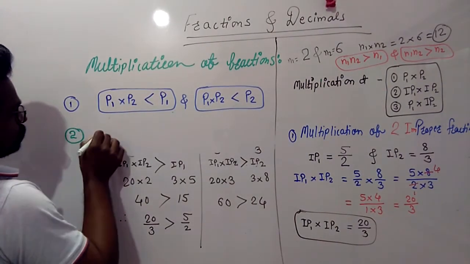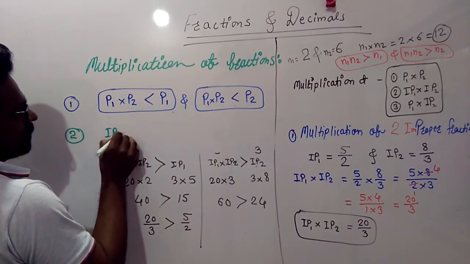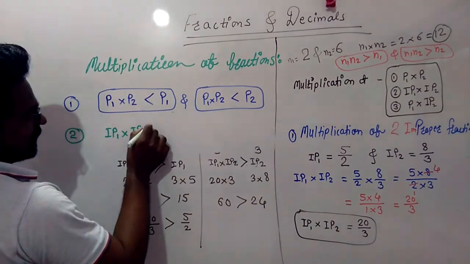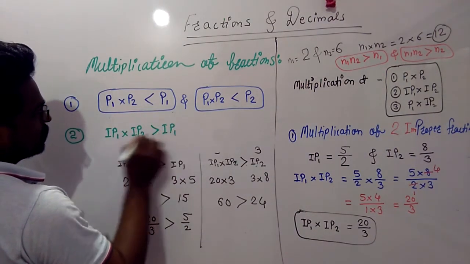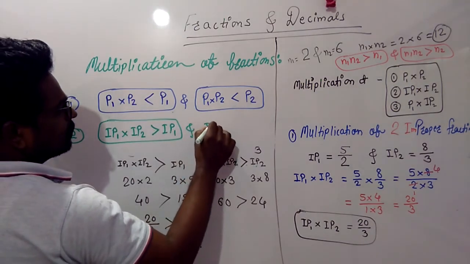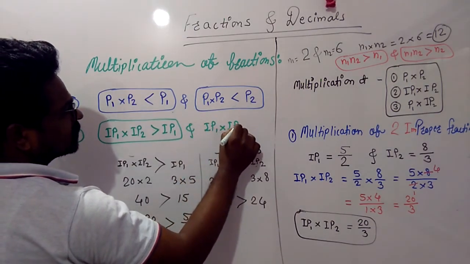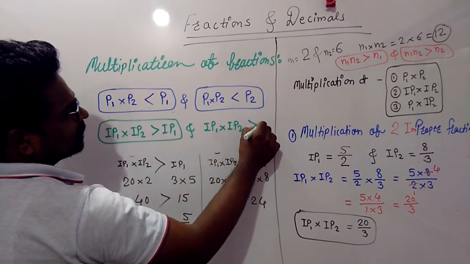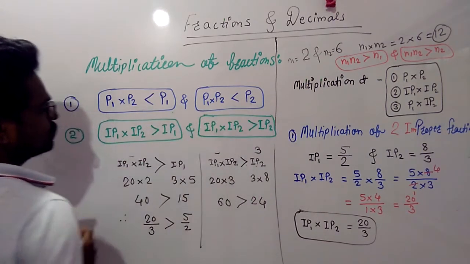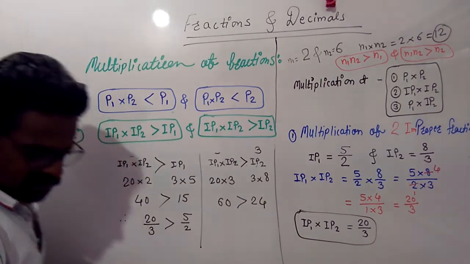Case number 2, improper fraction number 1 into improper fraction number 2 is always greater than improper fraction 1, and improper fraction 1 into improper fraction 2 is greater than improper fraction 2. Okay, fine, no problem. So that will be our second conclusion.